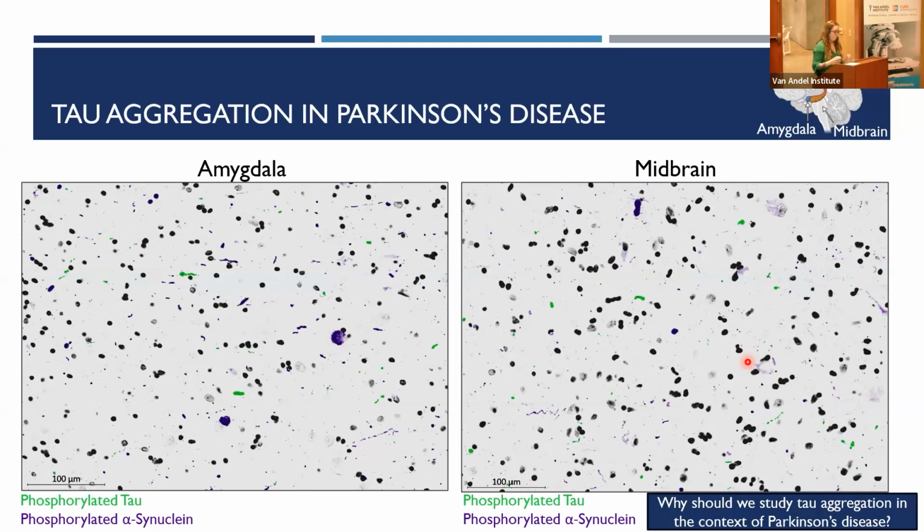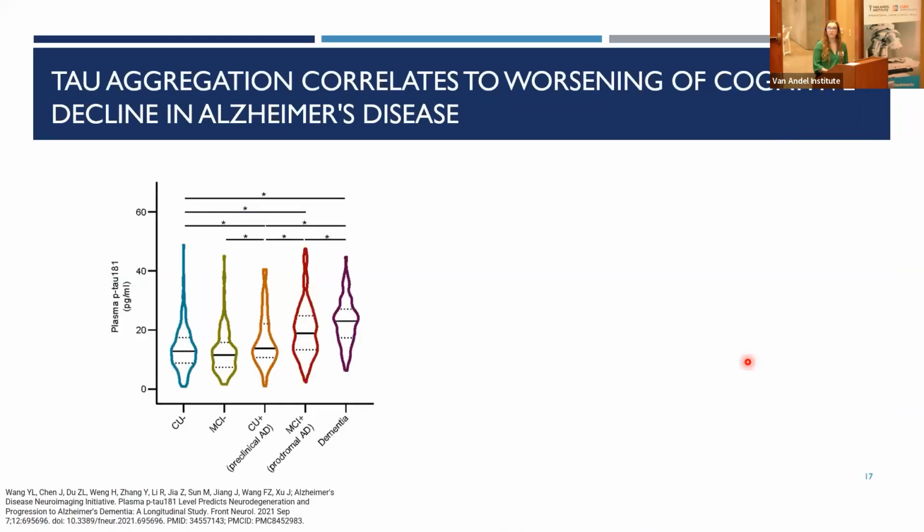So why should we even study tau aggregation in the context of Parkinson's disease? Again, this is because we see tau aggregation correlating to worsening cognitive decline in Alzheimer's. So a different disease, but the same protein aggregates.